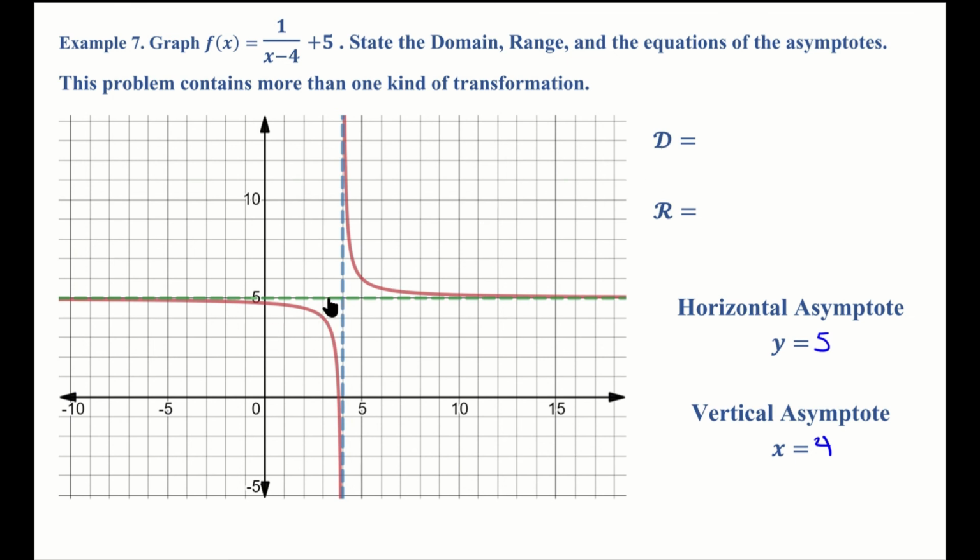The domain of this function, remember, is going to include all x values except this one that makes it undefined. So all x except 4. So negative infinity to 4 union 4 to infinity.